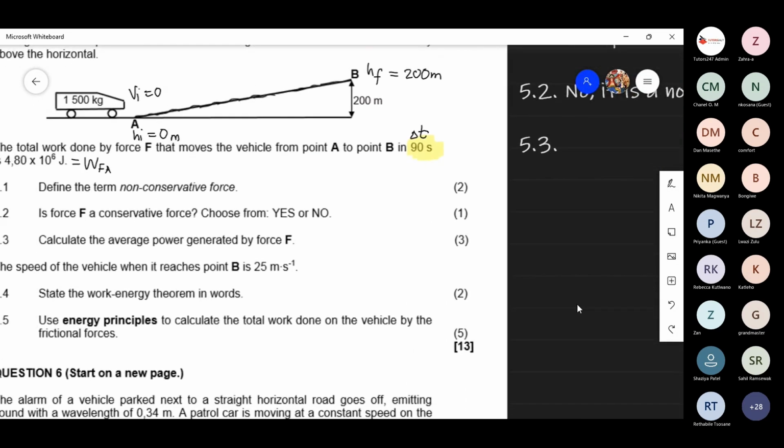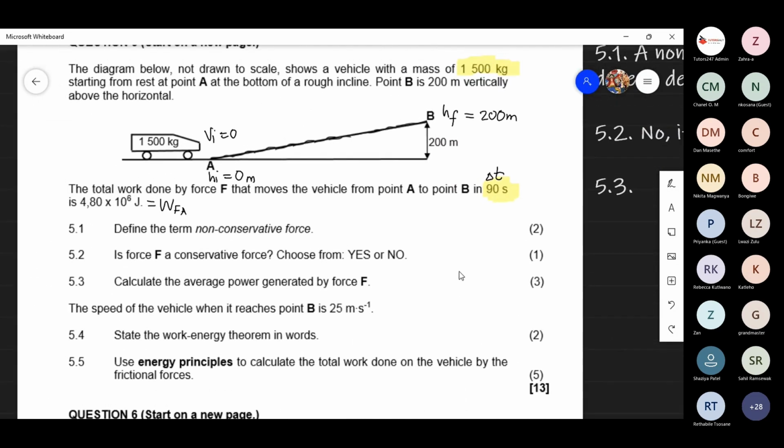Okay, so let us progress. Okay, let's just go back to 5.2 for a second. I would recommend that you learn the differences between conservative and non-conservative forces. They do sometimes ask you for examples, or they ask you, is this considered a conservative or non-conservative force, as is the case here.